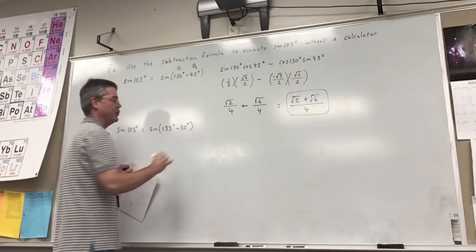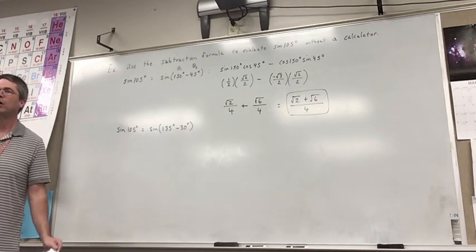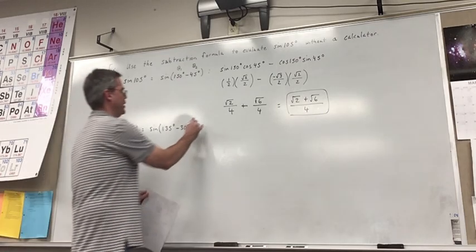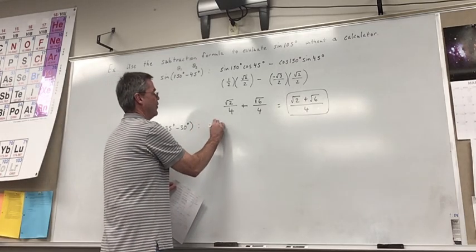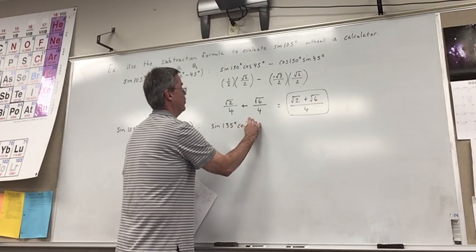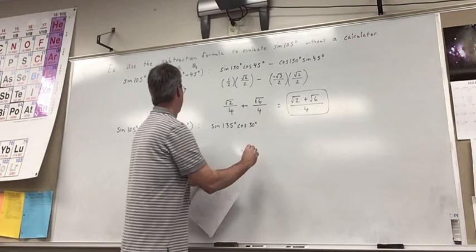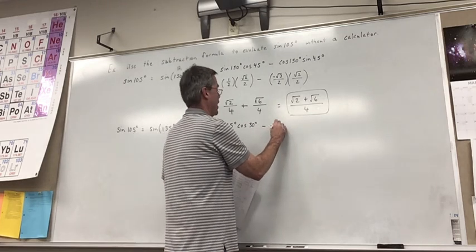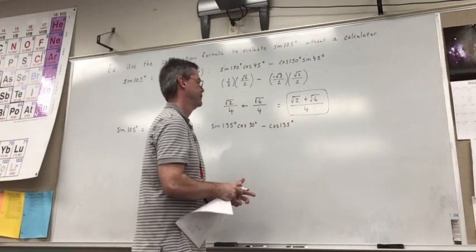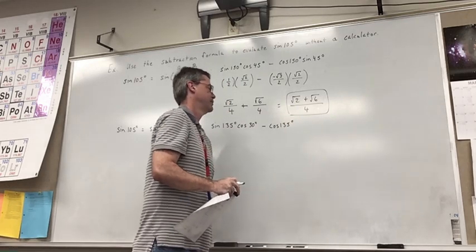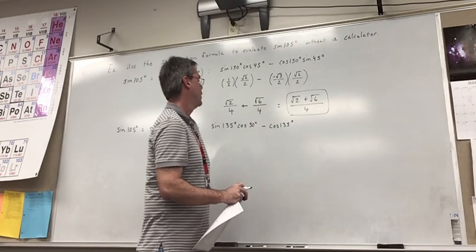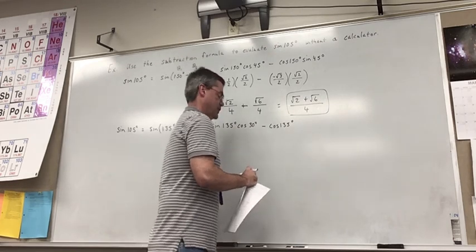Both of those are on the unit circle, and that'd give you 105, right? So that's going to be sine of 135 degrees times the cosine of the second one, 30 degrees, minus cosine of 135 degrees times the sine of 30 degrees.